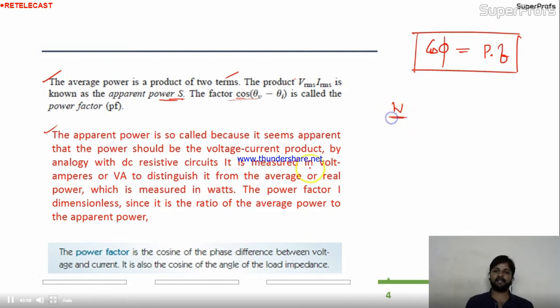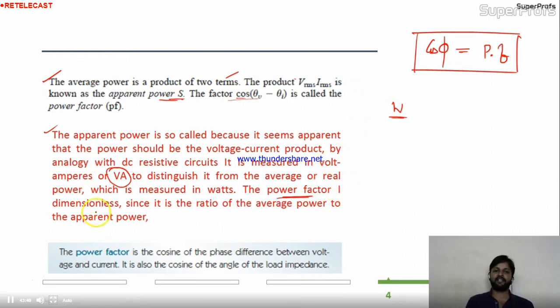V for voltage and A for current, ampere. The power factor is dimensionless, since it is the ratio of the average power to the apparent power.